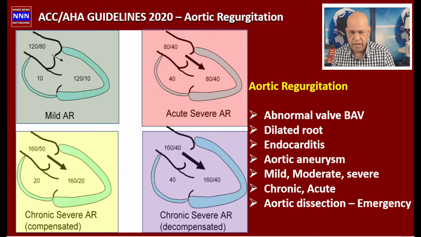In these situations, when there is significant regurgitation, the ventricle has no time to adapt itself. As a result, the left ventricular size remains normal, but because it is getting so much volume, the left ventricular end diastolic pressure becomes high and equalizes with that of the aorta. And this is a hallmark of acute severe aortic regurgitation.